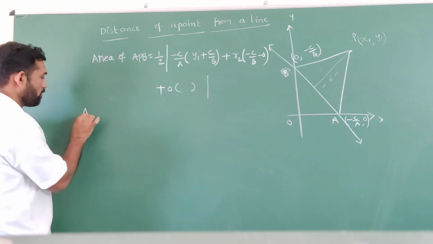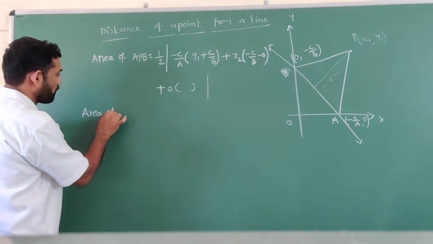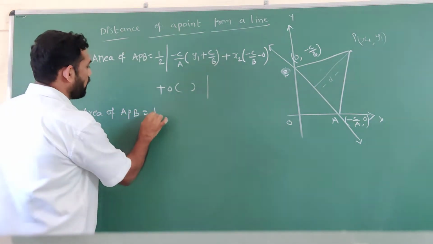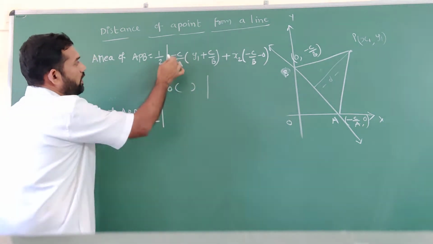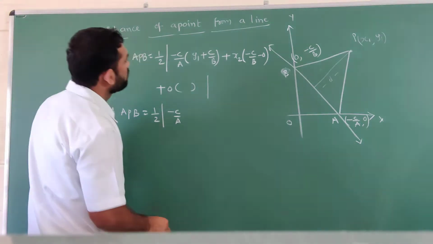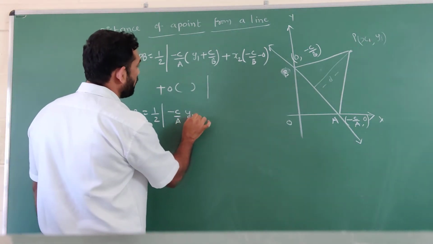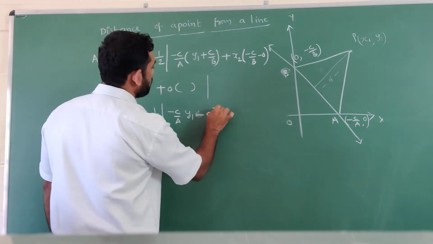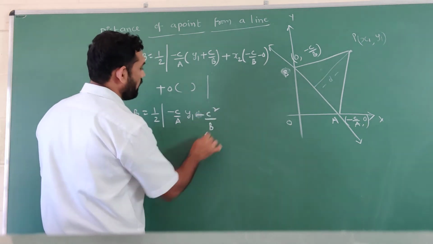Now the area of APB is equal to 1 by 2 modulus of minus C by A, these two multiplied into y1, plus these two multiplied, minus C square by AB.